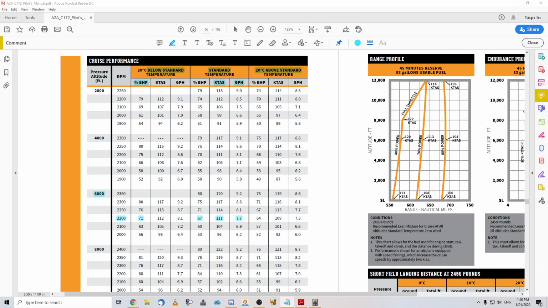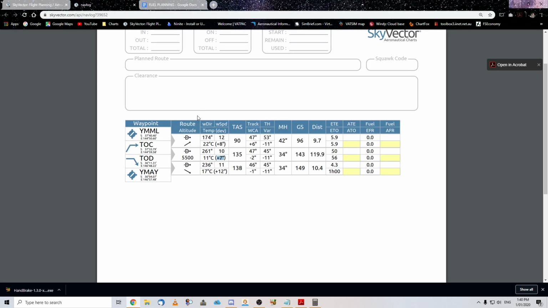Now your speed. What's your speed? Is it 111? Well, no, not really, because you've got to take in the upper winds. How do I find the upper winds? You've got this Skyvector, and as I said, this gives you the wind direction and speed.